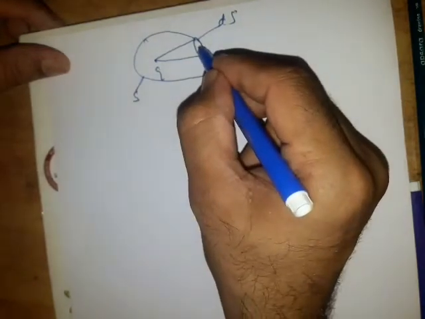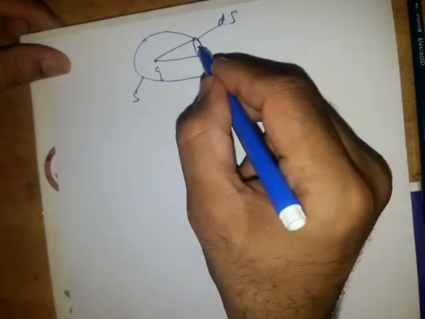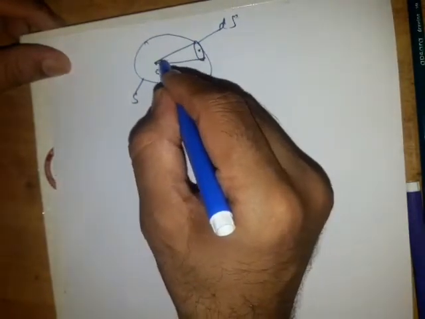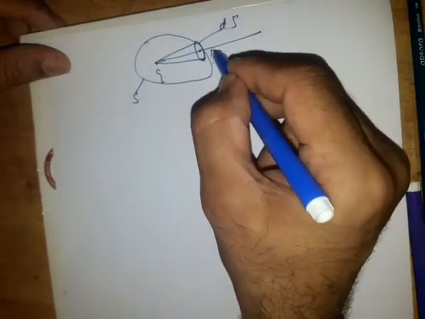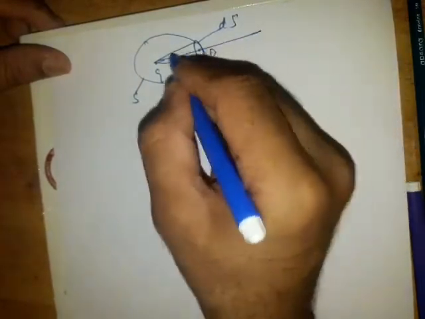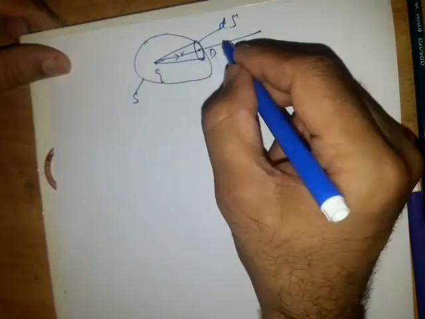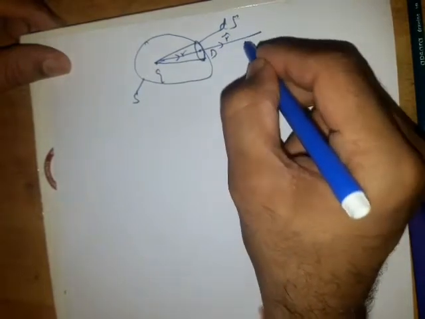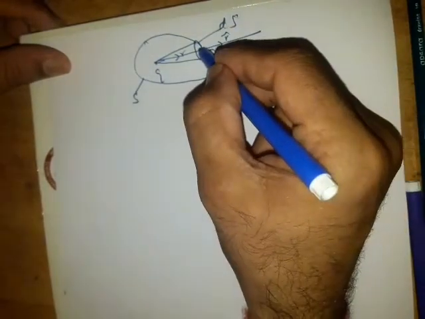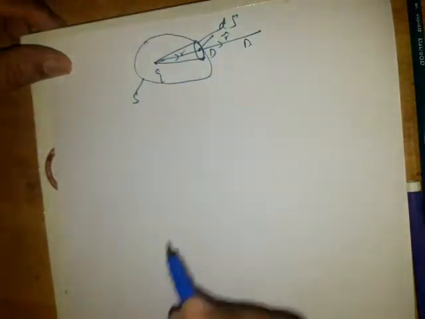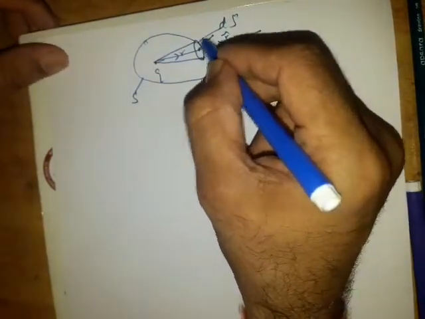Now at this point ds, a small elemental surface, the flux density is given by D, and here is a normal unit vector, I can call this n.